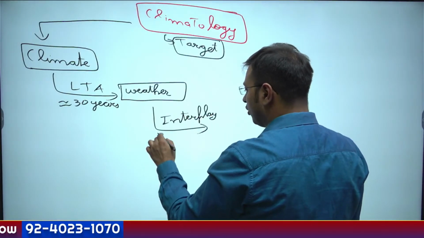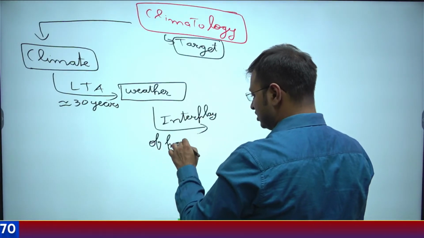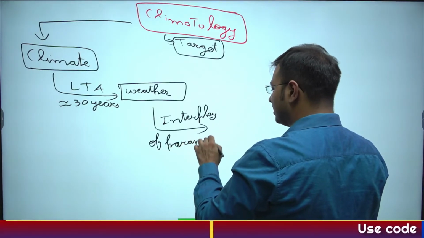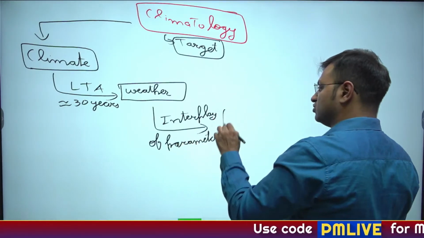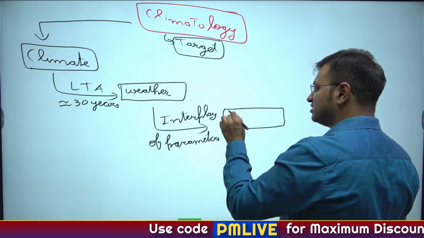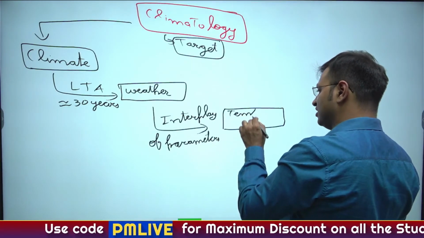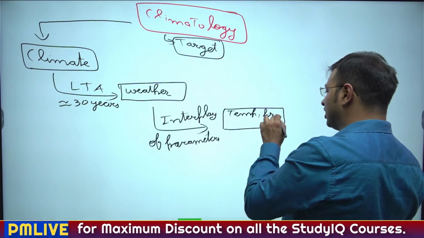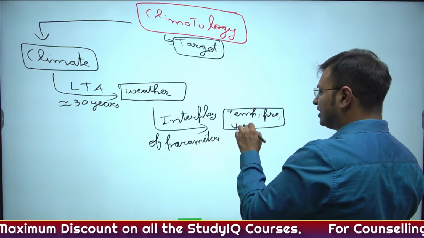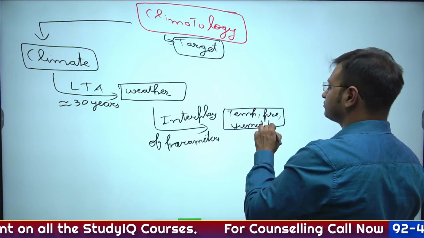Interplay of parameters. What parameters out there? So we have the parameters temperature, then we have pressure, and lastly we have something called humidity.